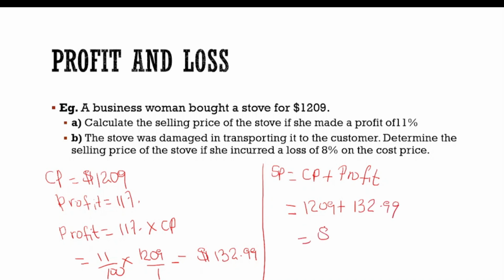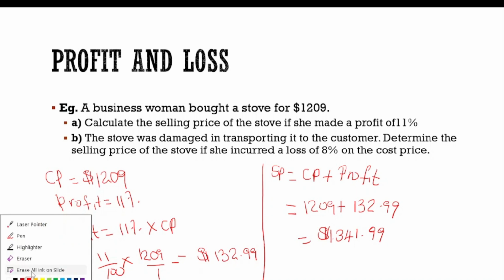And that is equal to $1,341.99. So if she made a profit of 11%, it means that she sold the stove for $1,341.99.